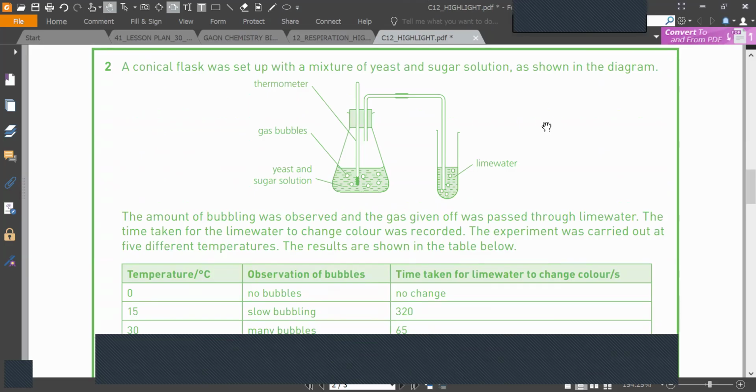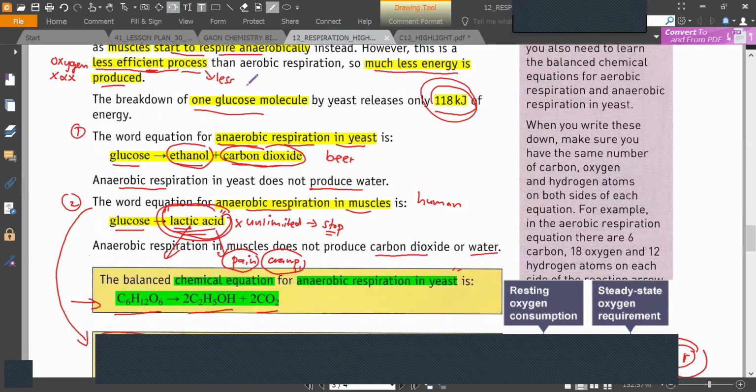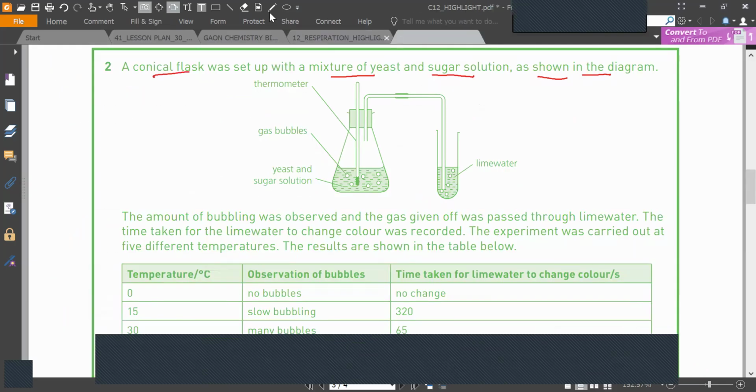So we have an experimental setup here. A conical flask is set up with a mixture of yeast and sugar solution as shown in the diagram. So this is anaerobic respiration of the yeast.